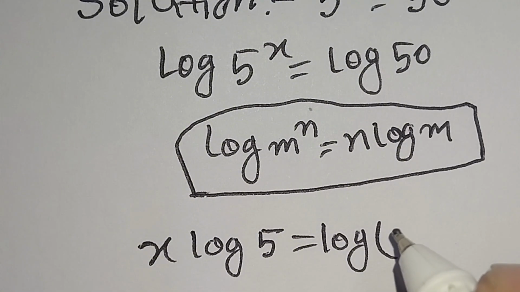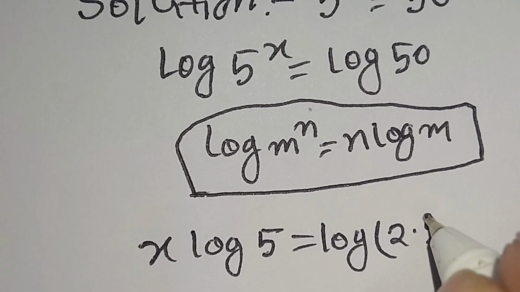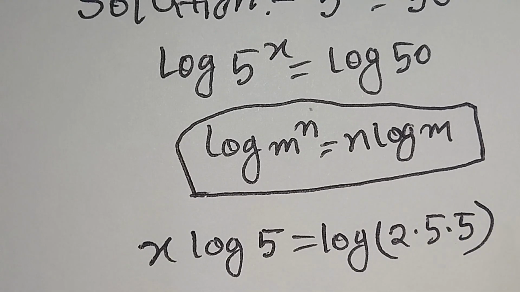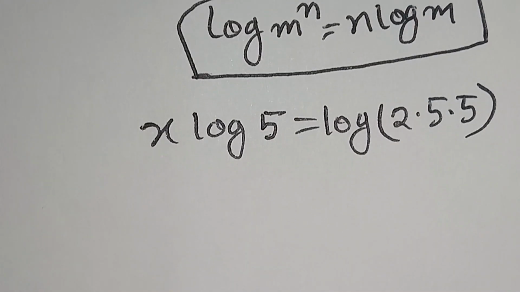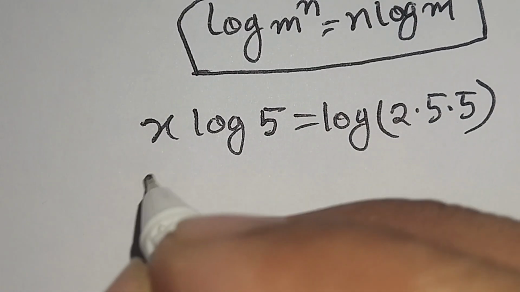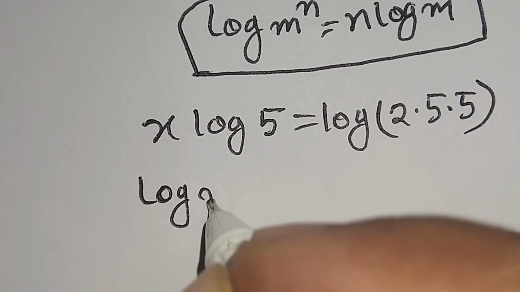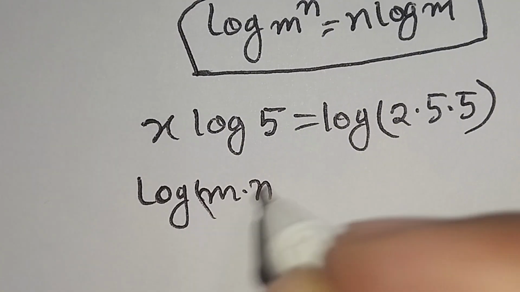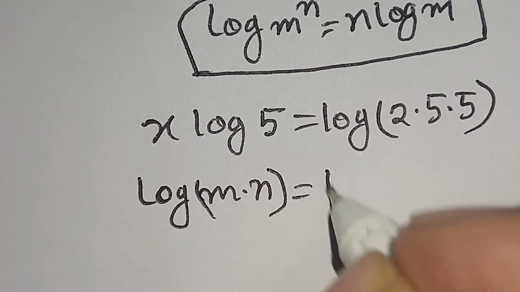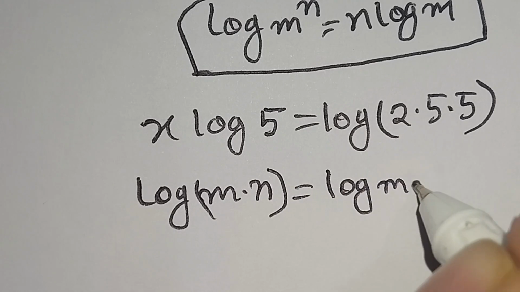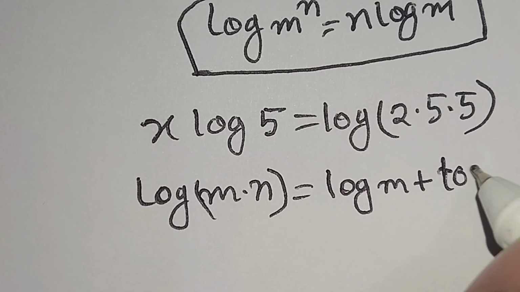50 is equal to 2 times 5 times 5. We know log of m times n is equal to log m plus log n.